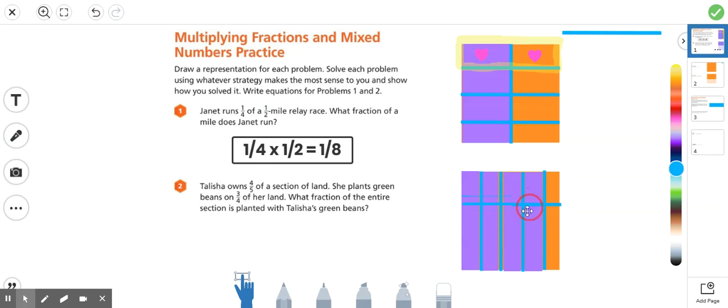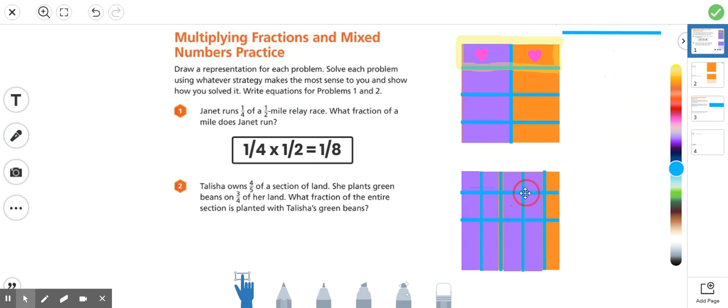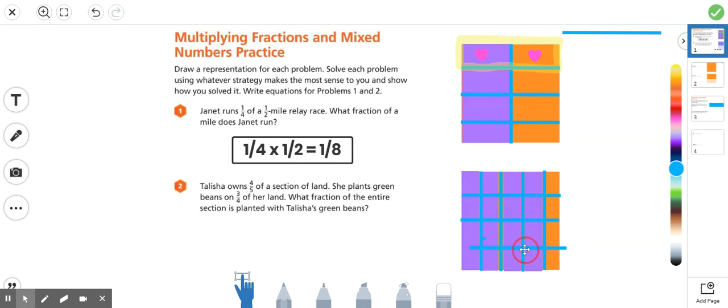If it does that, then you can click and send it to the front. A lot of you problem solved that yourself. I was like, get it, 5th grade. I love it when 5th graders problem solve stuff because you guys are so smart and capable. All right, and last one, let's duplicate this. And oops, I meant to send it to the front. There we go. So now I have taken those fifths and cut them up.